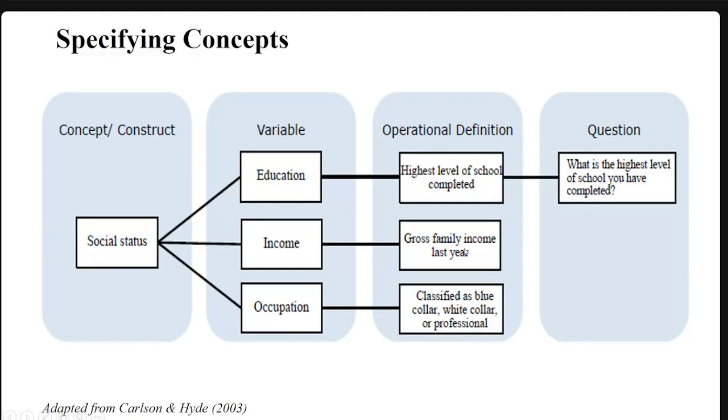Similarly, instead of one question on income, you can have a set of questions asking about various regular sources, irregular sources, income coming from the children, income coming from the women.